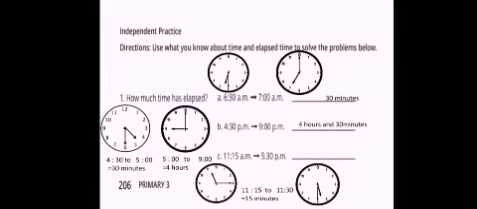This will be my 15 minutes. After that, I will count from 11:30 going to 5:30. From 11:30 to 5:30, I have 6 hours. And I have 15 minutes before, so all of them are 6 hours and 15 minutes.